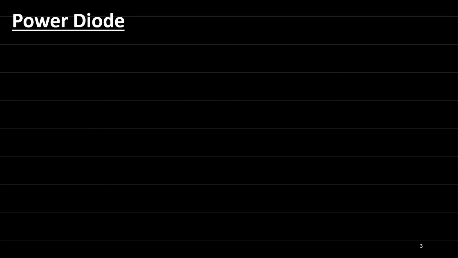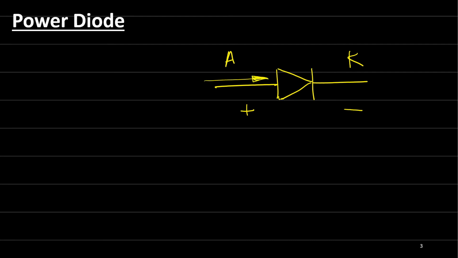A power diode can be written in a circuit using this symbol. Here we have the anode side and we have the cathode side. As you know, if we apply voltage across this diode, the diode will be on. Or in other words, if there is current flowing inside this diode, then the diode will be on.